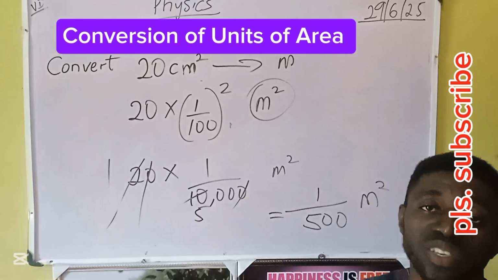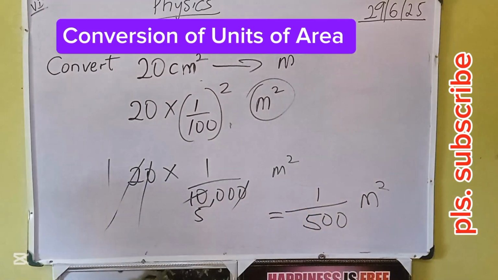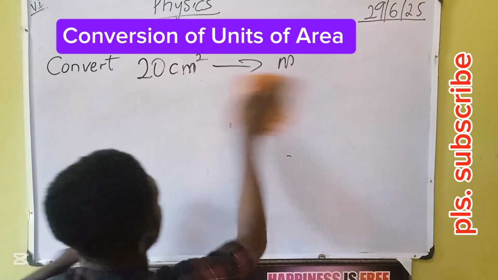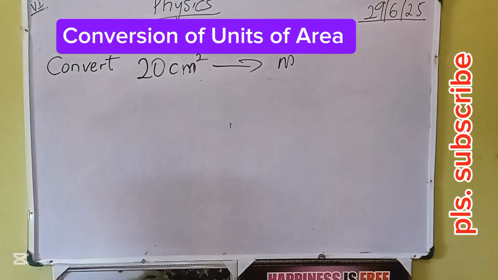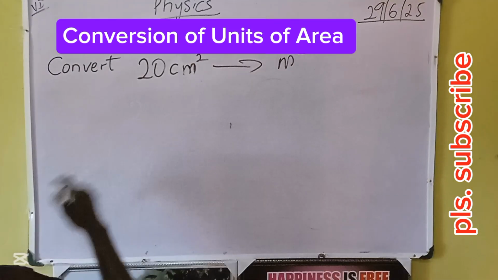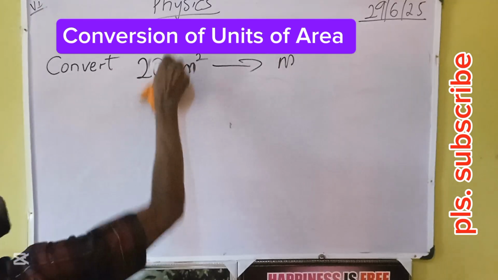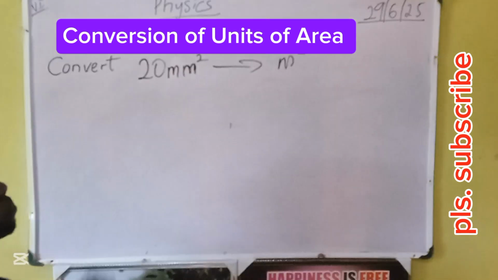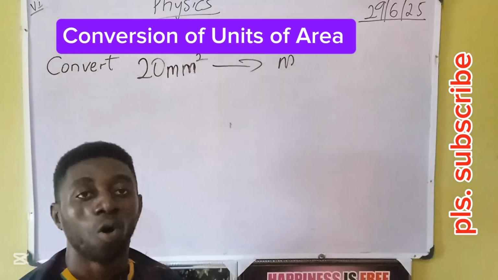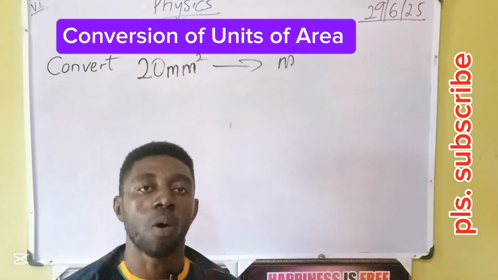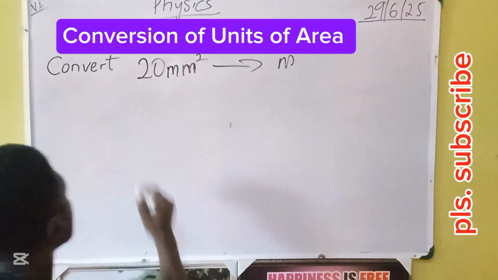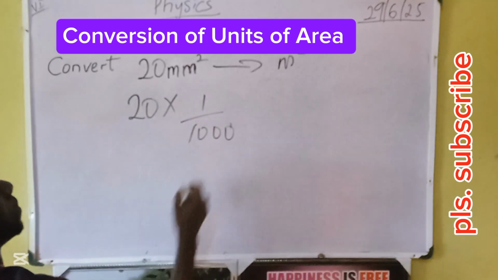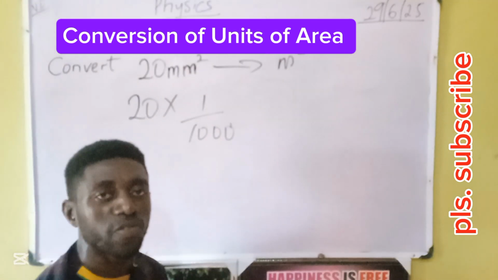Then let's try millimeter square. Recall, milli stands for 1/1000. Give milli its own portion of square.